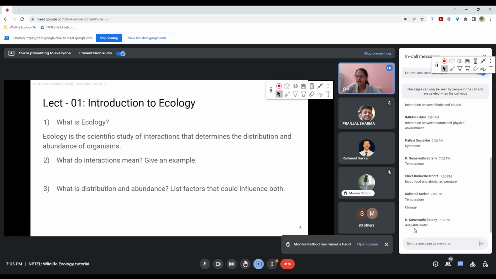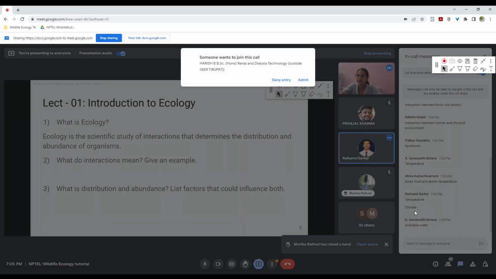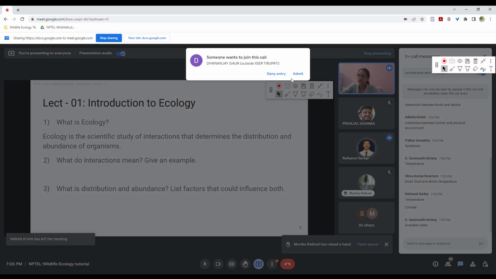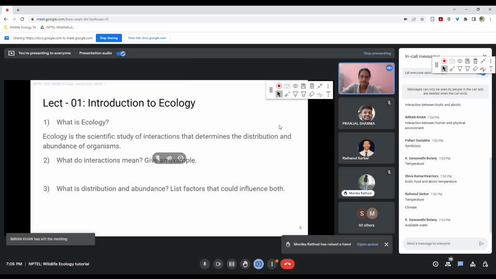I see available water, climate, temperature. Your abiotic factors comprise all your environmental factors, which is your temperature, precipitation, elevational gradient, your general landscape, and then your biotic factors consist of all the living organisms, which is your plants, animals, fungi, and any living organisms.